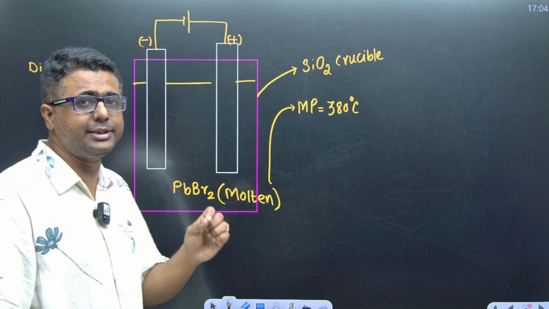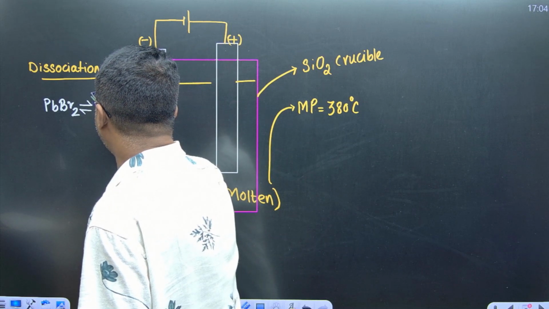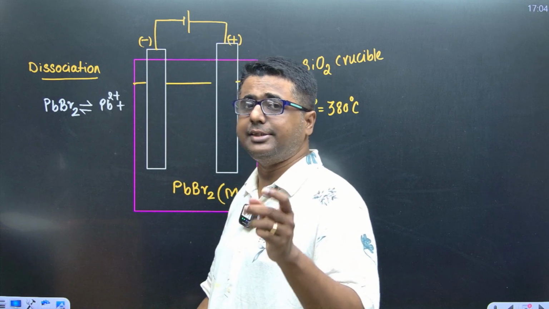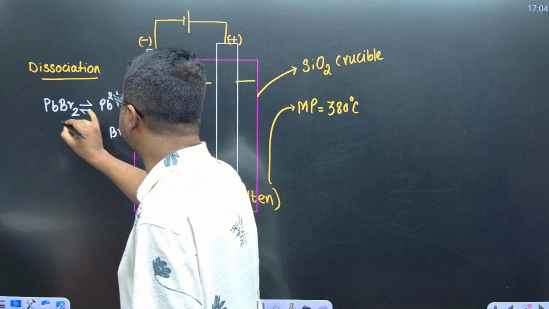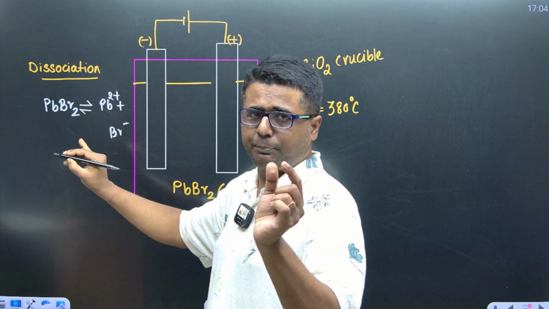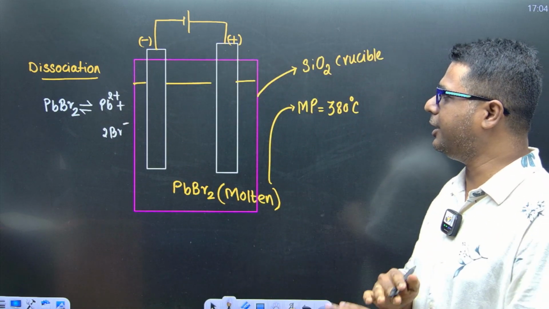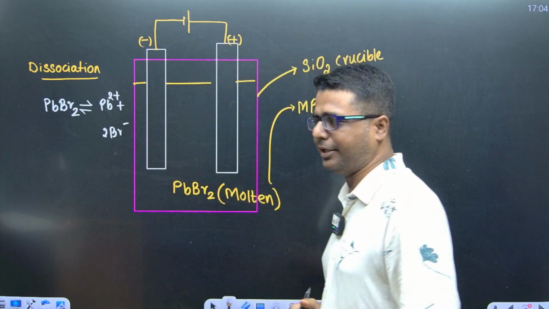Lead is showing a valency of 2 over here. So we are going to get Pb2+. Br has a valency of 1, Br minus, and here it is 2 atoms of bromine. So I'll write 2 Br minus. Okay, there are no other ions over here except the lead ion and the bromide ion.